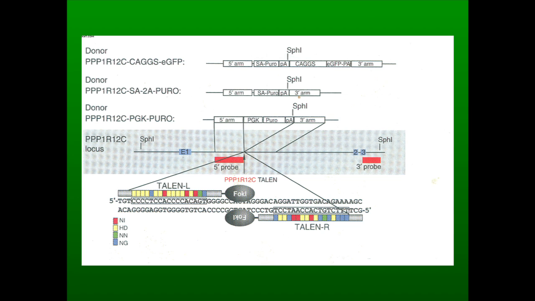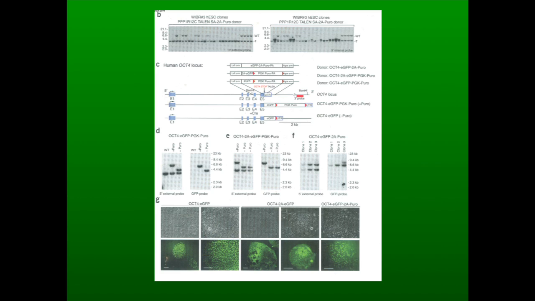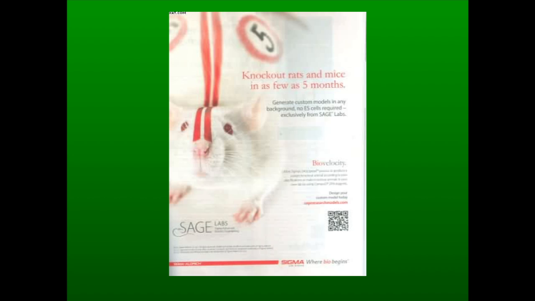And there's another diagram, a little bit more sophisticated, about what a TALEN-like nuclease system might look like. On both the 5' and the 3' end of that gene, you can see where FOK1 is going to cut and disrupt. And now, using that technology, you can buy knockout rats.